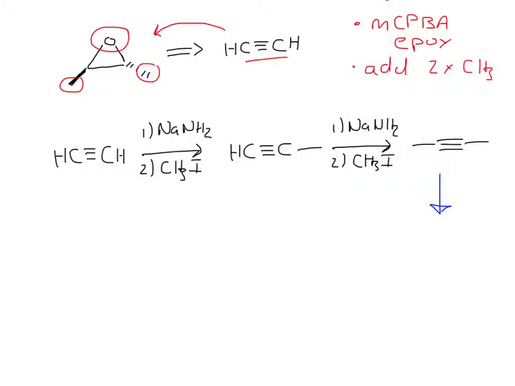So we can either convert this to a cis-alkene or a trans-alkene. Well, if we look in our epoxide product, these 2 methyl groups are anti, so they would have come from a trans-alkene.